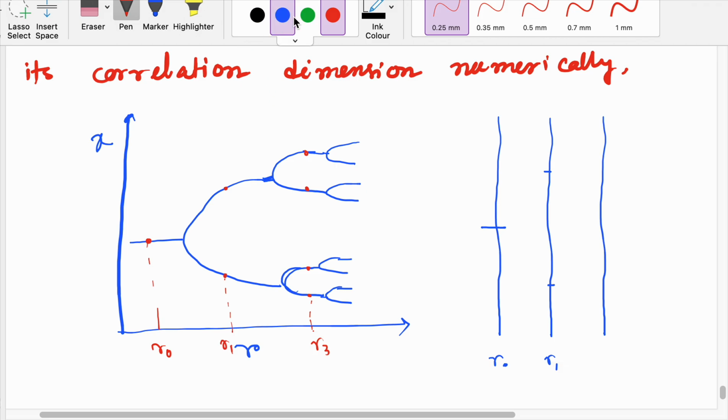Now we find that every single point becomes again a 2-periodic point, every point becomes 2 points.